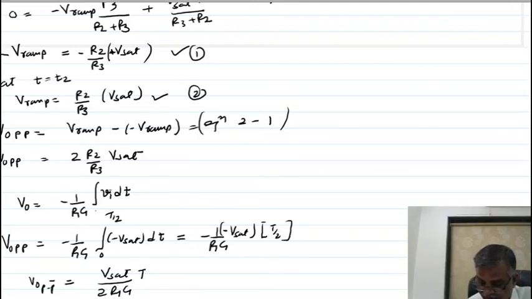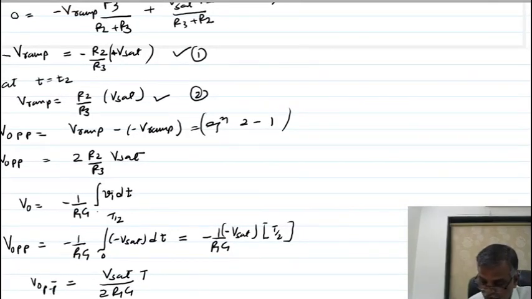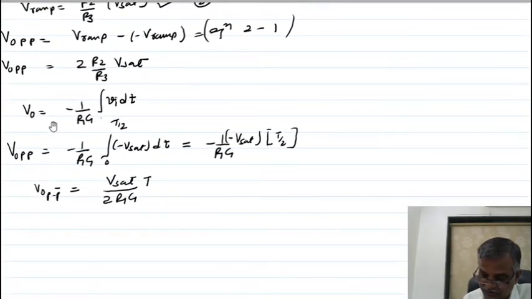I would find the periodic time. Now, what is VO peak to peak I have written? Look here: 2R2 by R3 into V set. So this value is nothing but this value. VO peak to peak is 2R2 by R3 into V set, so I have to put that here.